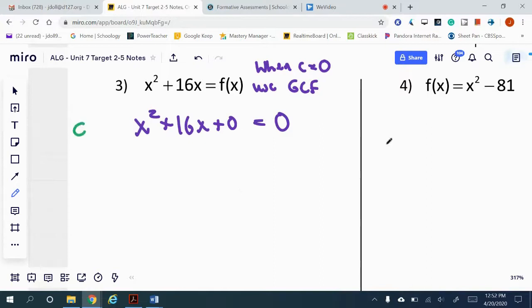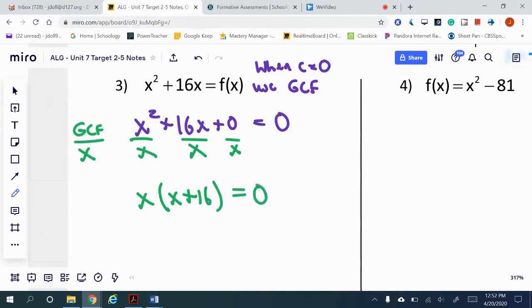Well, the greatest common factor is just x, right? So I'm just going to divide by x. And if you want to, you can divide 0 by x. It's just going to be 0. And what that's going to give me is x plus 16 is equal to 0, right? This kind of just takes care of itself because it's 0 there. So we took x squared plus 16x and wrote it as x times x plus 16.